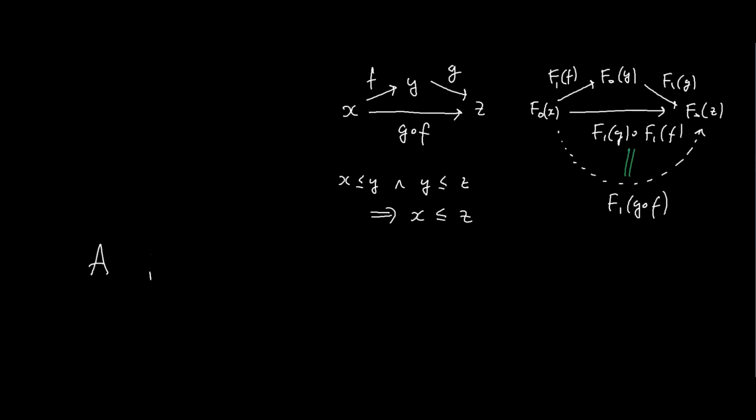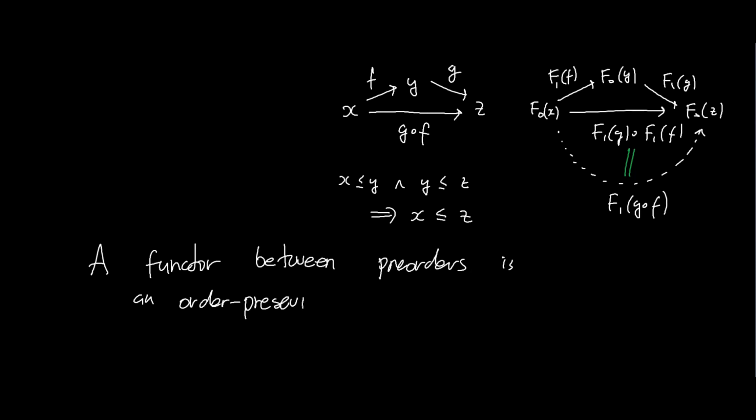A functor between preorders is an order preserving map between them.